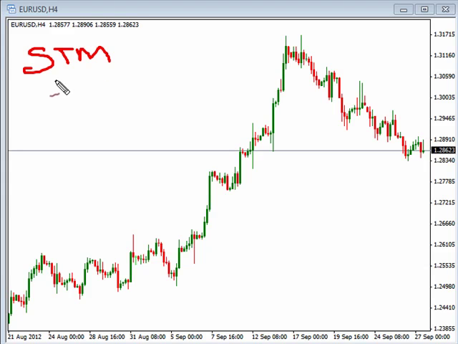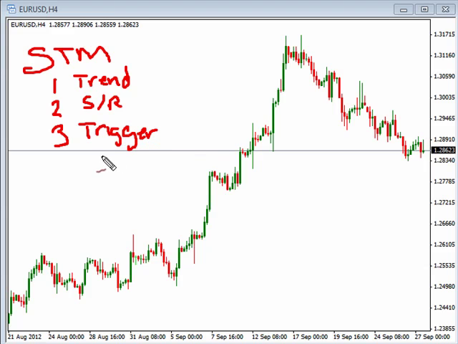And so we rely on three things here: the trend, support / resistance, and then our trigger, which is the HH3 or the LL3, depending upon the trend and support and resistance.